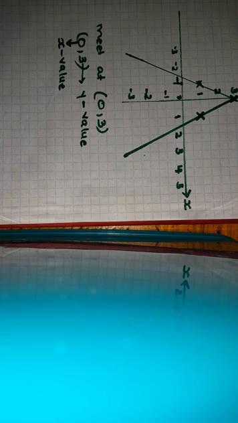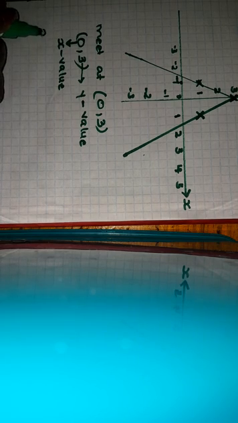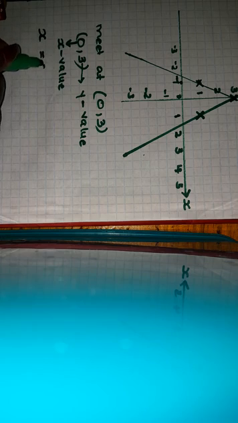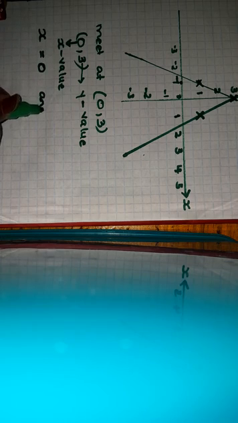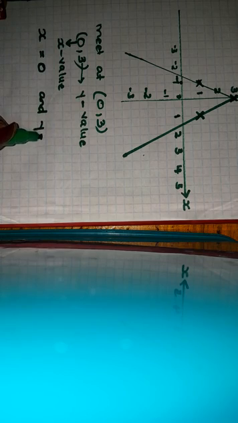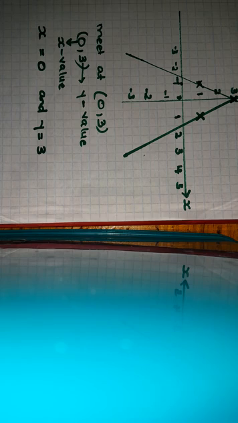So it means that when we are solving, we are going to have x is equal to 0 and y is equal to 3. That is how we solve the two simultaneous equations using the graphs that we have drawn.